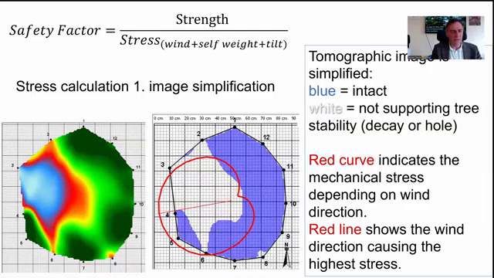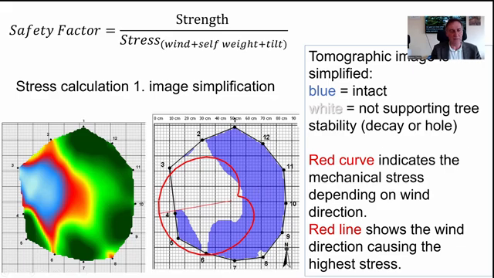And you also see a red curve here. The red curve indicates the mechanical stress depending on wind direction, and the distance from the center of the image indicates the amount of the mechanical stress. The line shown here indicates the wind direction causing the highest stress.